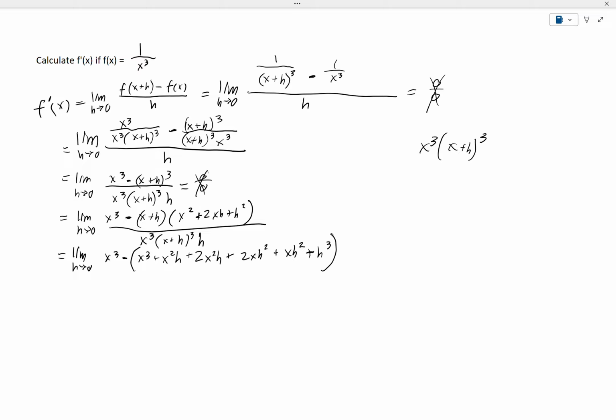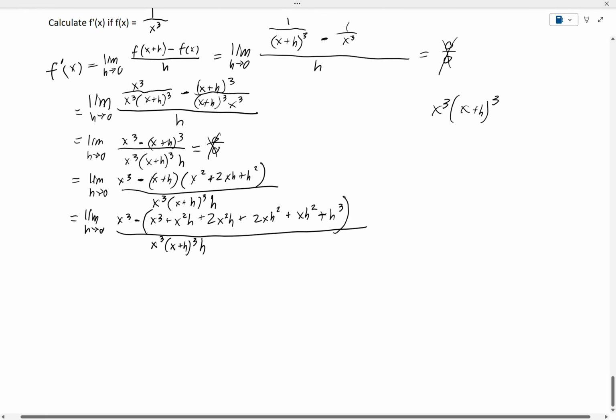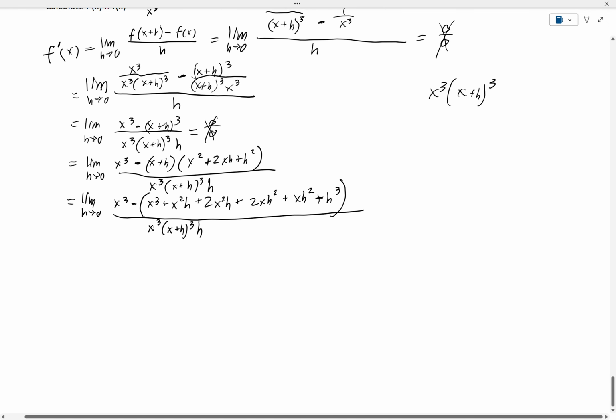And that's all still inside parentheses, and it's all over this in the denominator. Okay, now what's my next step? Well, I'll distribute that negative, cancel some stuff out, and hopefully we don't get 0 over 0 anymore.